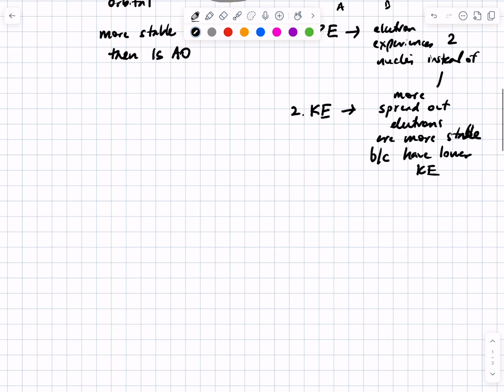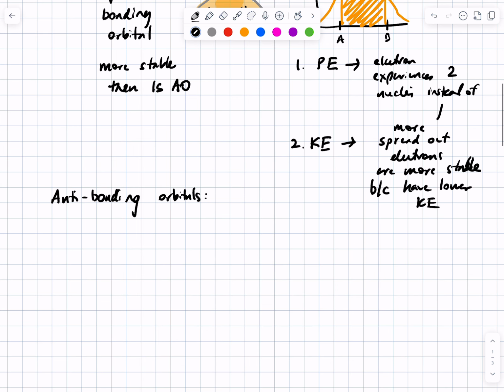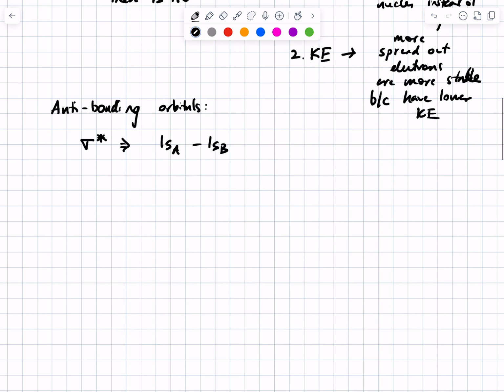The new thing is that MO theory requires us to consider antibonding orbitals. And these come from the out-of-phase combination of the two orbitals. We'll call this antibonding orbital a sigma star, and it basically comes from subtracting one of the s orbitals from the other.